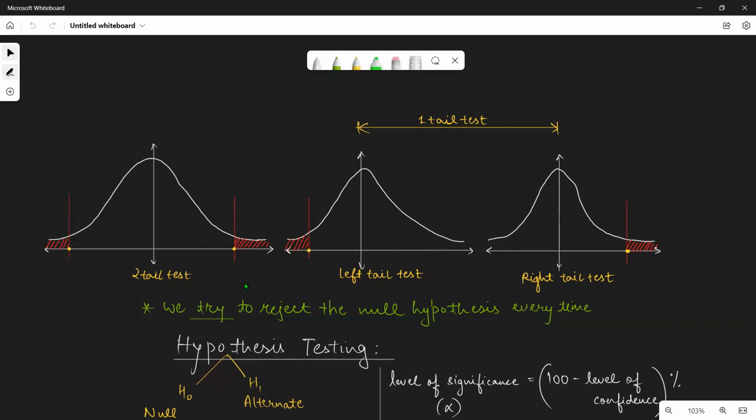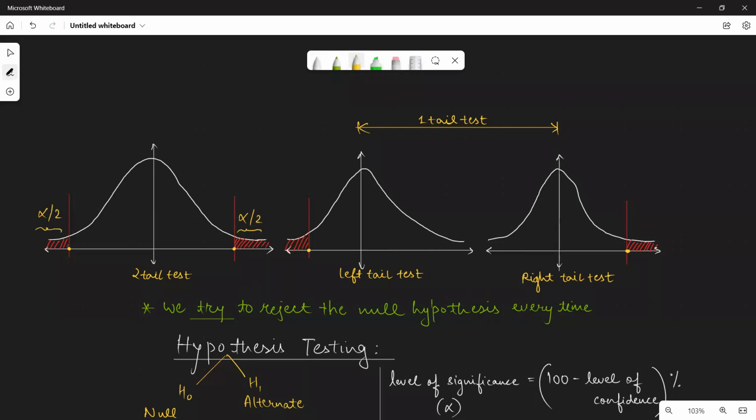For example, in a two-tailed test, because there are two rejection regions, whatever alpha value you have gets divided. So here alpha by 2 and here alpha by 2.